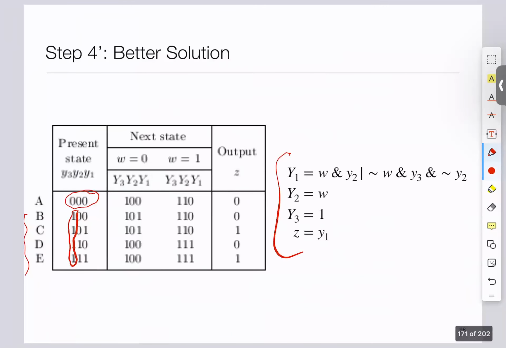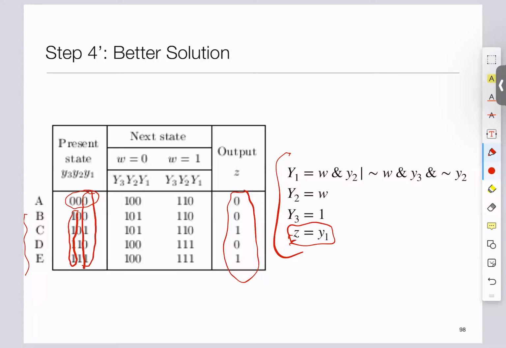But we had this other design where Z was again 0, 0, 1, 0, 1. But if you look at bit number y1, it too is 0, 0, 1, 0, 1. And therefore Z was equal to y1. So the state register bit y1 is the same as Z. So in this case, Z is coming directly from a state bit.